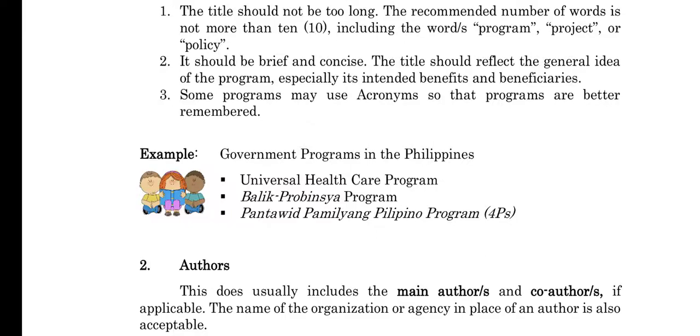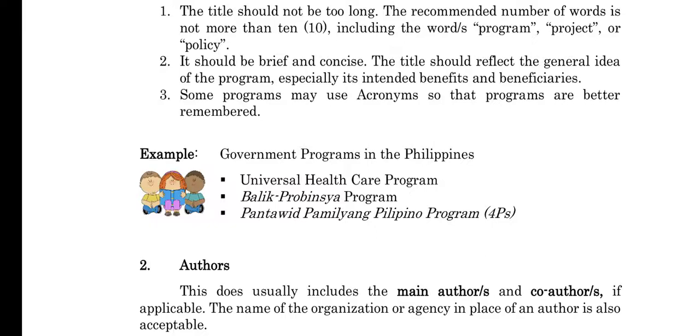It is easy to remember, because the intended program may have a very long title supposedly. You may use acronyms in lieu of those lengthy words so that it will be better remembered by the people.